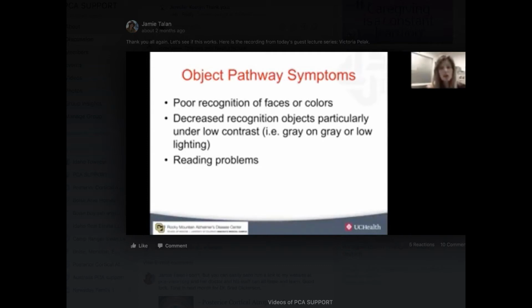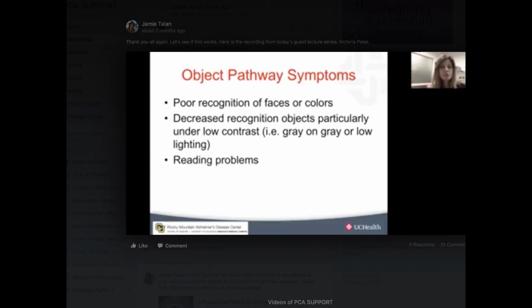And so the greater the contrast is, the easier it is to understand. But the lower the contrast between what you're looking at and the background, the more difficult it is. And reading problems, being able to recognize words or interpreting the words as you're reading can be difficult, and we believe that this occurs along that object pathway.